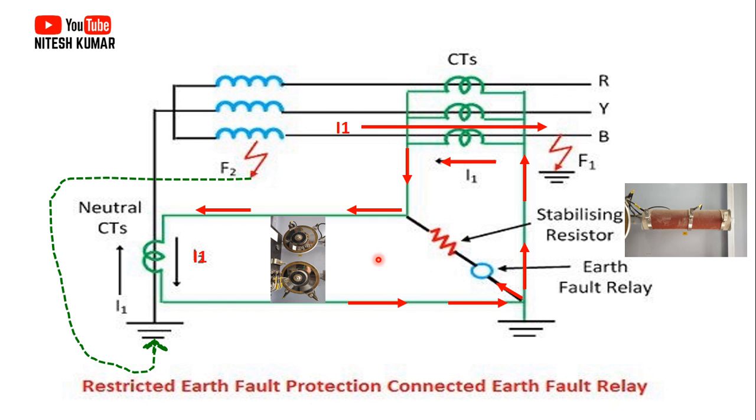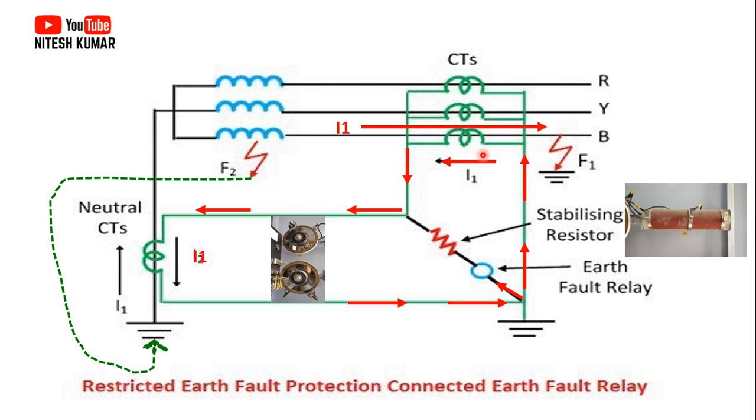Just consider that if there is a fault outside of your restricted area, then the fault current is very huge, much more compared to the rating of your CT. In that condition your CT may saturate.